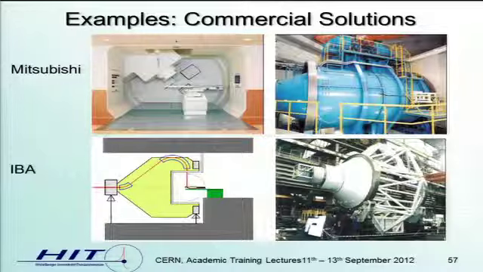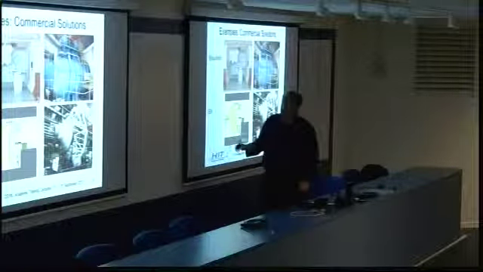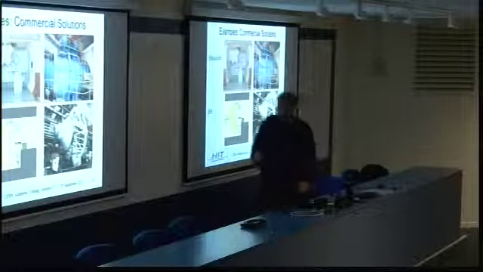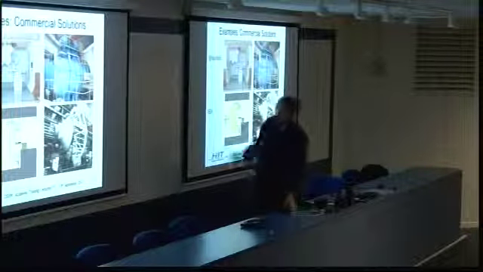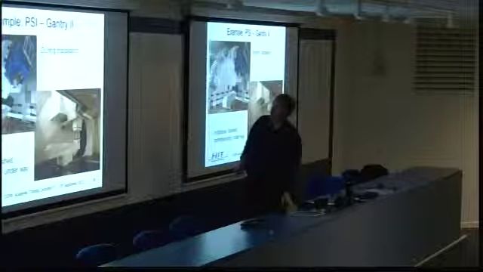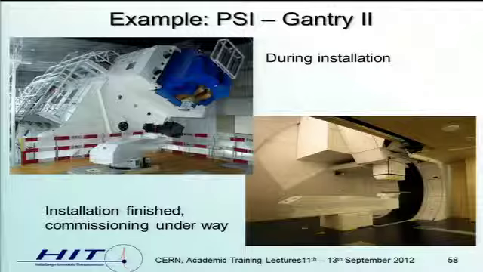Nevertheless, they all have a very large bending magnet at the end with a large bending angle of mostly 90 degrees, but also 135 degrees at the end to bend down the beam to the patient. And this is the gantry 2 of PSI. This was during the installation, and this installation is now finished and commissioning is underway. They have a bending angle of 210 degrees, not fully rotatable, but okay, this is negligible.